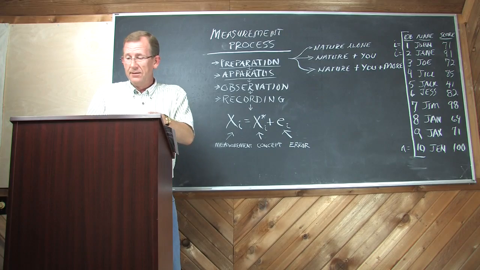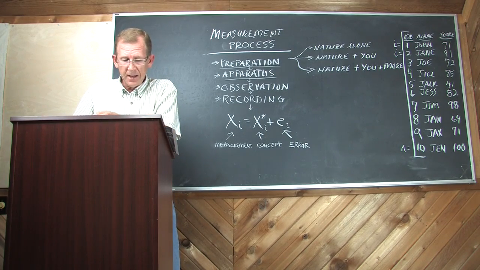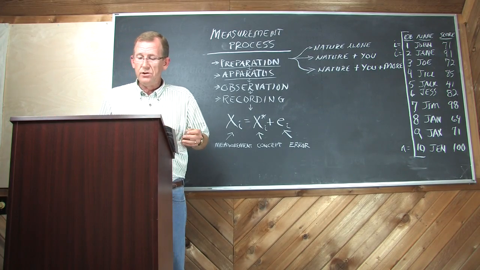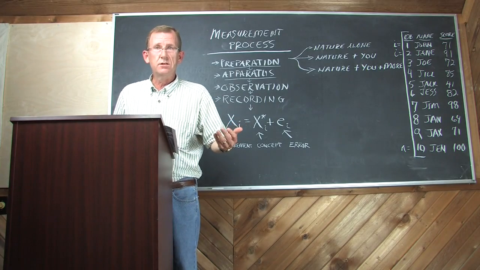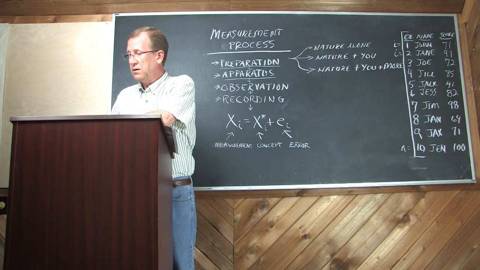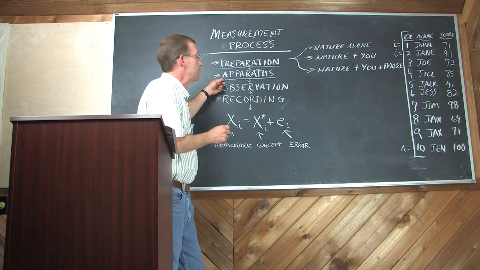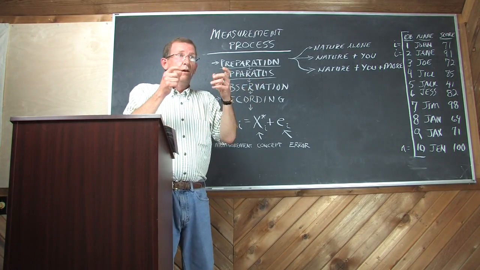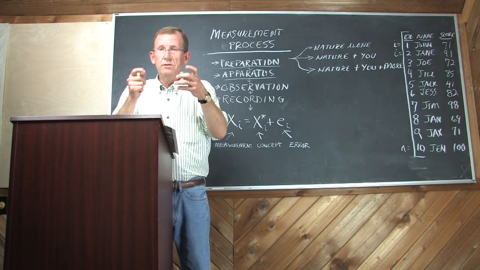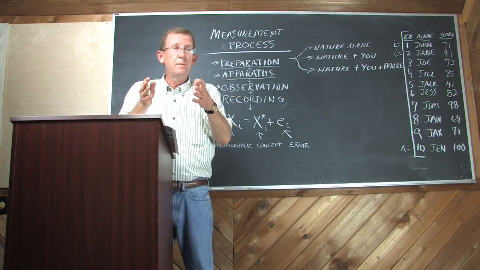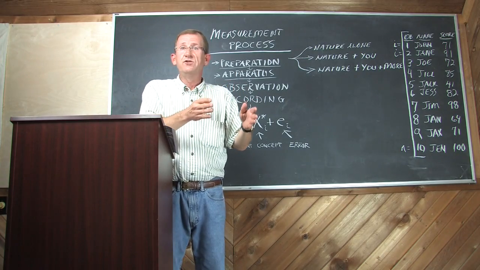By Apparatus, I refer to the people and things used to extract measurements from the units. So if it's survey research, our apparatus consists of two things: the interviewer and the questionnaire.